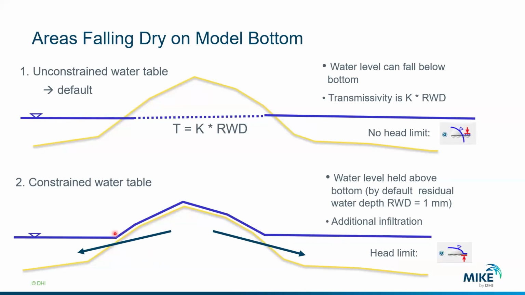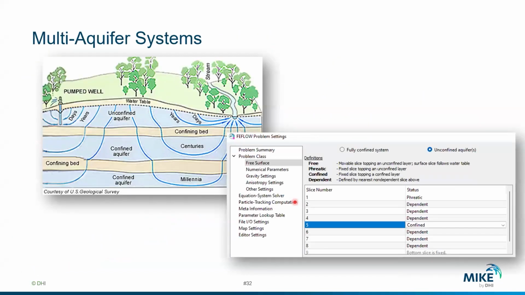So I would like to create a thin layer of water following the shape of the bottom of the model. And the thickness of this tiny layer will be exactly the size of the residual water depth. So these are the two cases that you have. Depending on your application, you will need to go for one or the other.